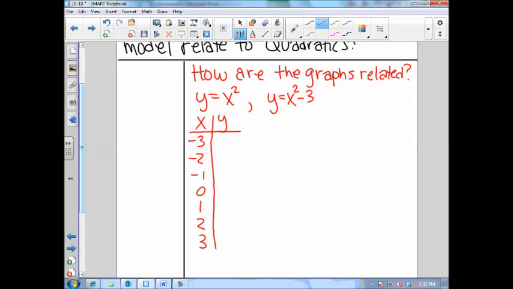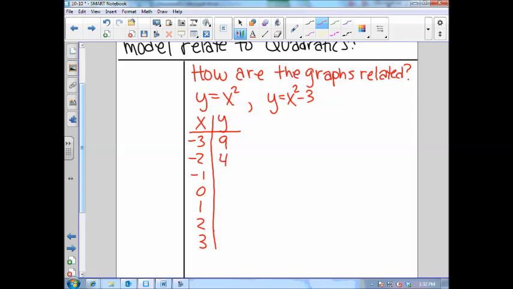Okay, Evelyn? Our first x is -3. What's -3 squared? Yep, positive 9. Okay, going down the row. Alejandra, what's the next y value? Yeah, negative 2 squared is positive 4.